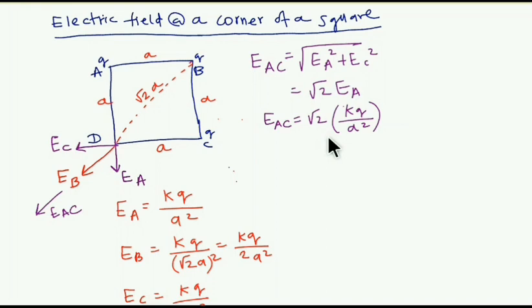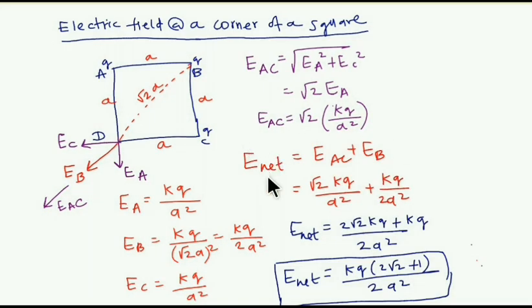So it's root 2 into KQ by A squared. This is the value of EAC, and if you look at the diagram, EAC acts along the direction of EB. They are both in the same direction, so to find E net, we just have to add EB and EAC. That's it.